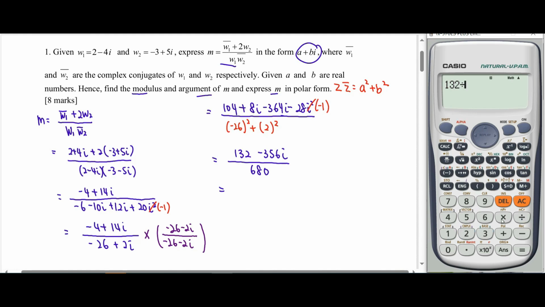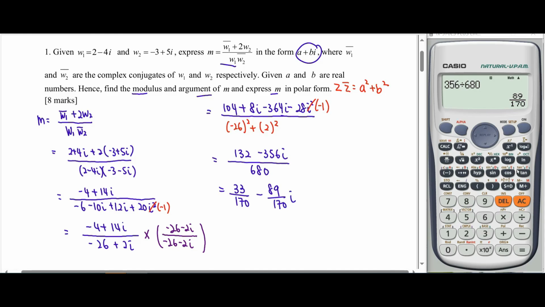So 132 divided by 680, you get 33 over 170, and then 356 divided by 680 for the imaginary part, you get negative 89 over 170i.